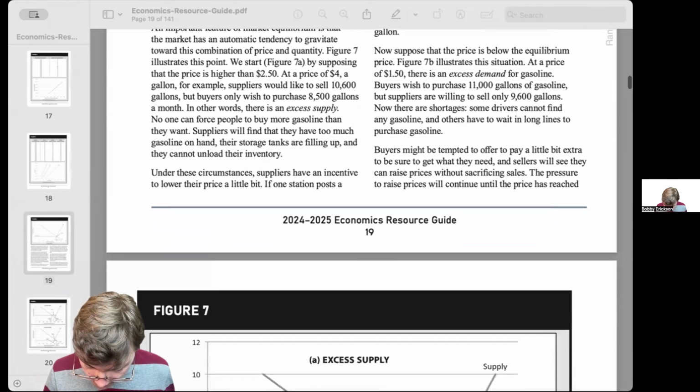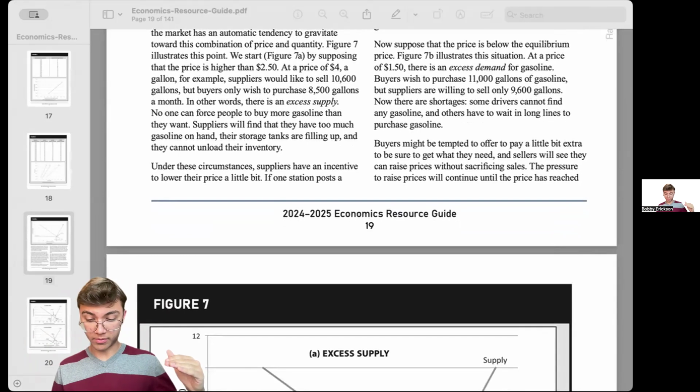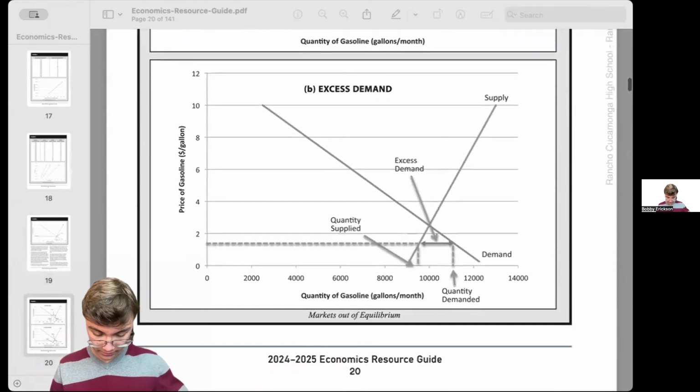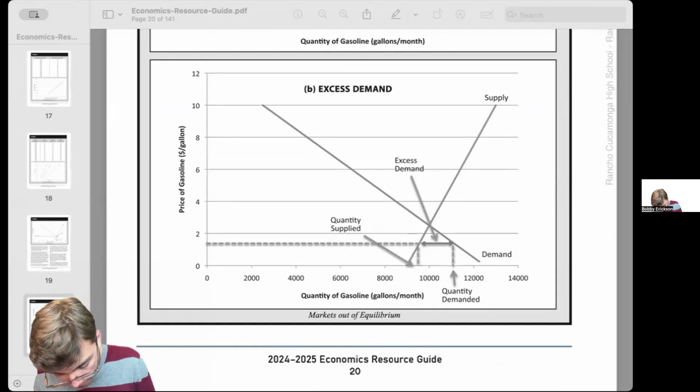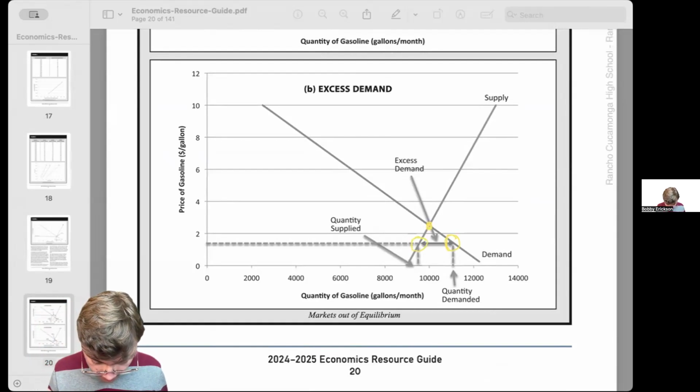And so then let's suppose the price is below the equilibrium price. So this means there's an excess demand. So with this chart, we can see that there is a greater quantity demanded than there is a quantity supplied. And this is below the equilibrium price and quantity.